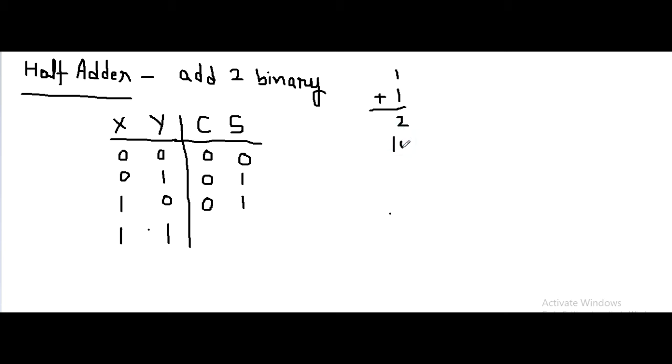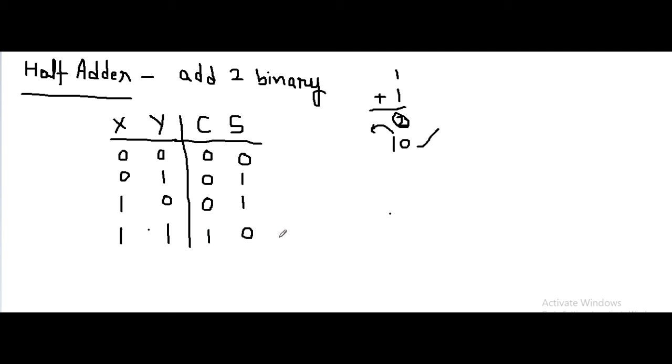So 2 is in decimal and 1 0 is in binary. So the sum is 0 and 1 is carried to another digit if it was there. In that case, the sum is 0 and the carry is 1.